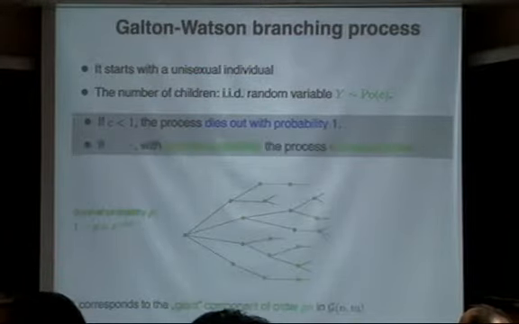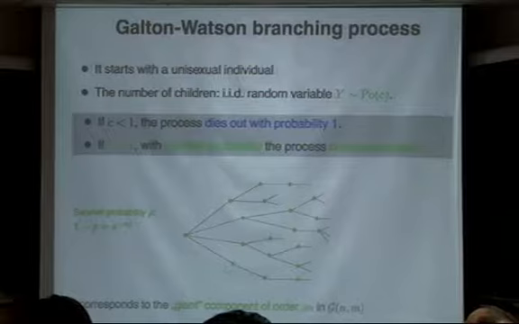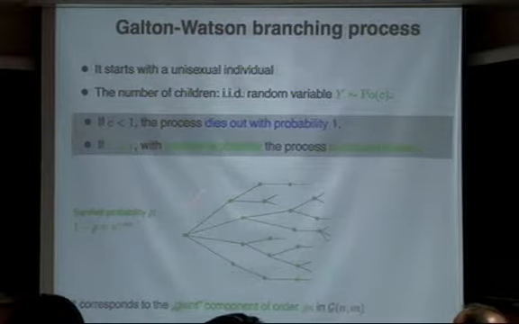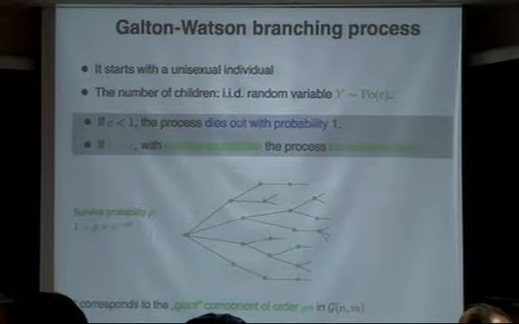On the other hand, if the number of children of each individual is larger than 1, then with positive probability the process continues forever, which means that the size of the tree is infinite. There is another way of translating this result to the giant component of linear order in G(n,m). Here the subtle difference is that in the Galton-Watson branching process, the total number of nodes is infinite.